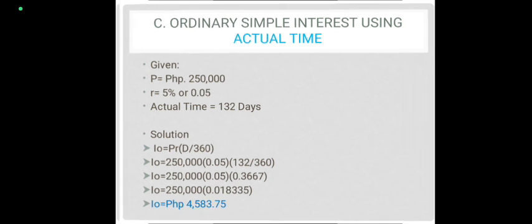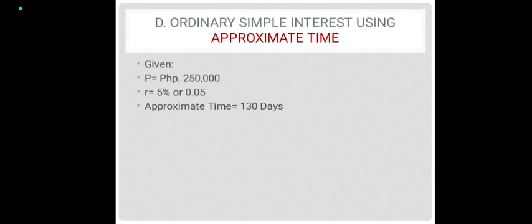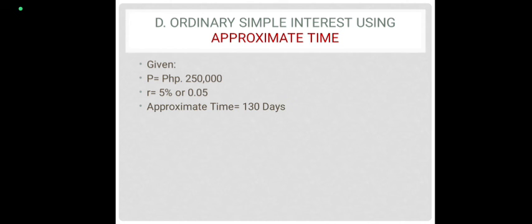Next, we have to calculate the ordinary simple interest using approximate time. We have here the given: 250,000 principal, 5% the rate, and approximate time is 130 days. So solution, we have ordinary simple interest is equal to principal multiplied by rate multiplied by days divided by 360.